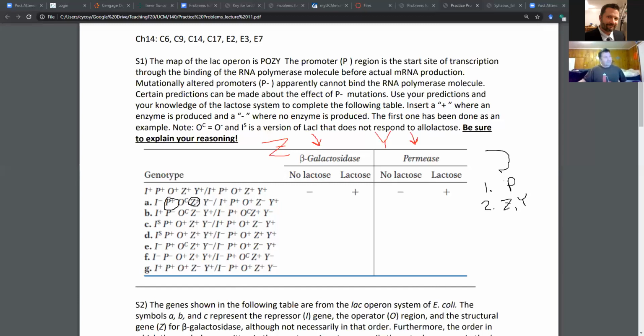So it's possible, we're not saying answer yet, but it's possible we could get a beta galactosidase somewhere here, maybe, question mark, because we have a Z here. This Y is broken, right? This Y, it's got a negative. So I'm ignoring to the right of this slash for right now. With that being out, for this half, you know there can't be any beta galactosidase from here because that gene is broken.